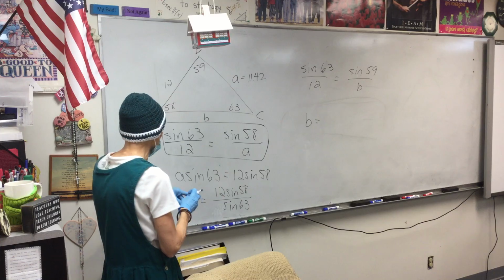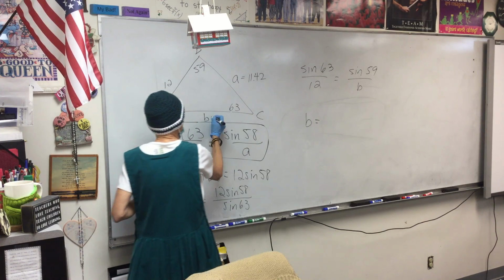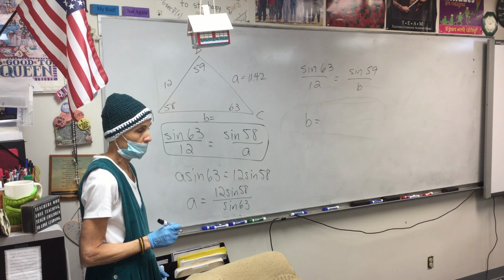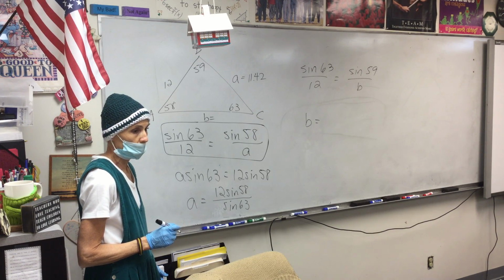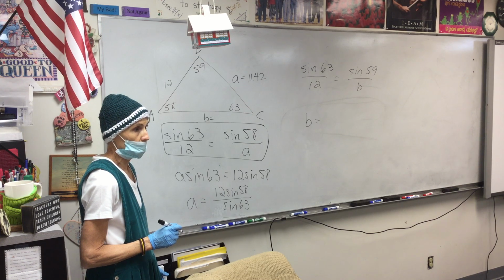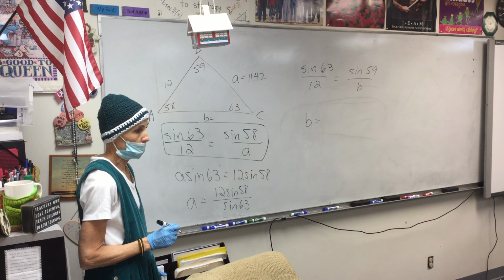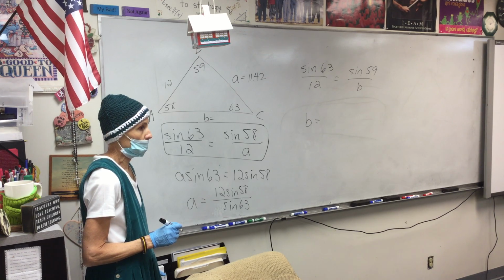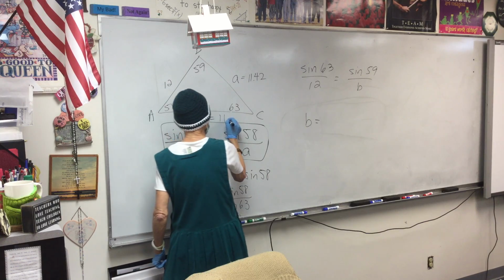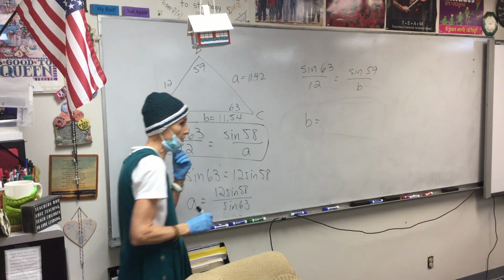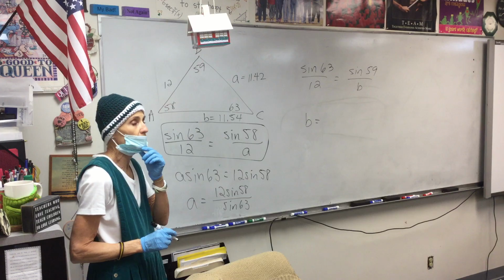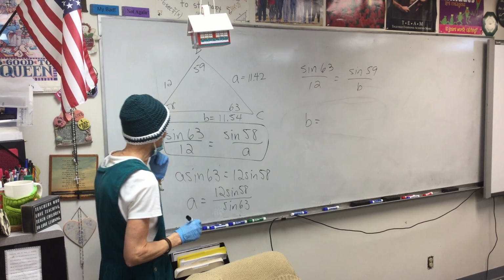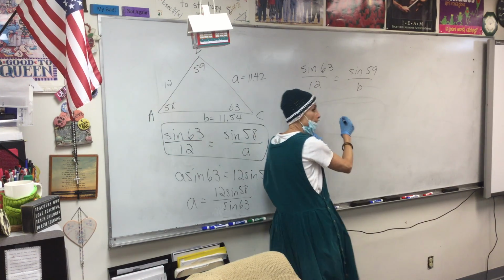Show as much work as you need to. .54 is what I got also. Anybody want to argue about that or have a question about that? Yeah, Jamie? Okay, what did you type in?